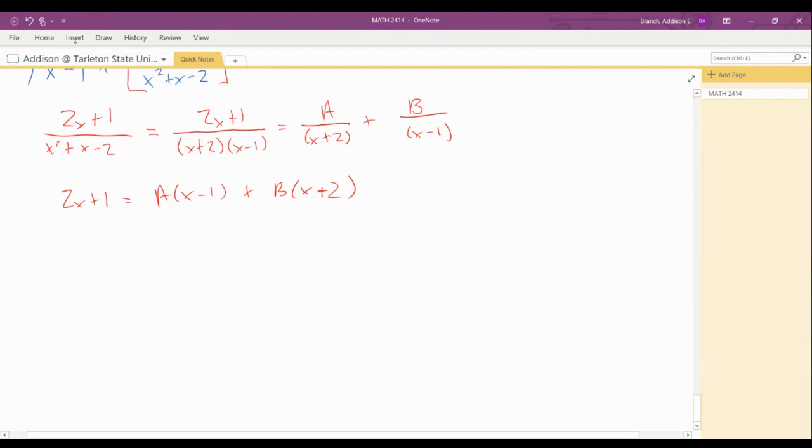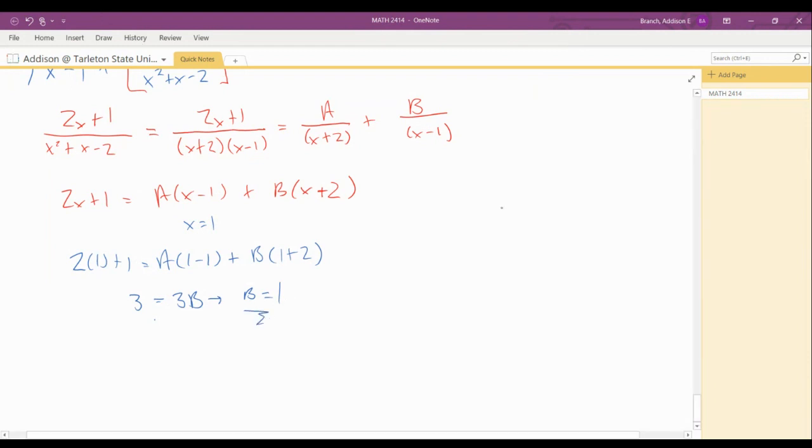So now if we plug in x equals 1, we get 2 times 1 plus 1 equals a times 1 minus 1 plus b times 1 plus 2. We get 2 plus 1 is 3, 1 minus 1 is 0, 1 plus 2 is 3b, b equals 1.